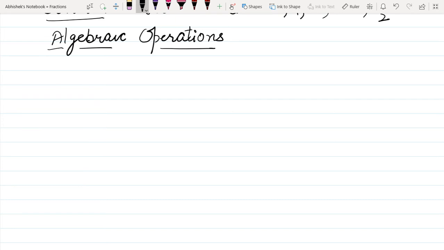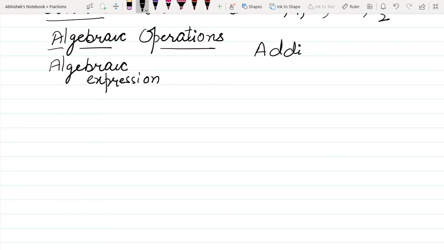Let's look at the operations. First we are going to do addition. We use the plus sign on an algebraic expression. Suppose it is y plus 5, or 5 plus y.